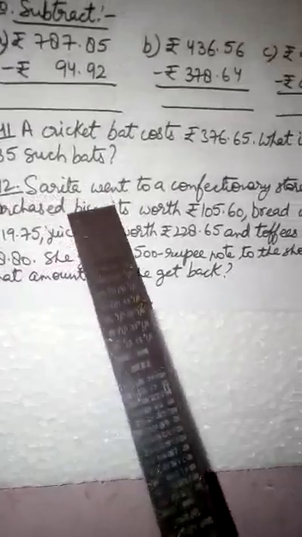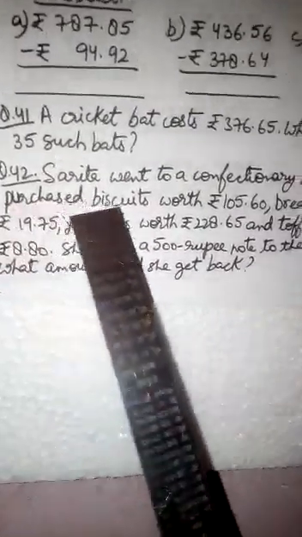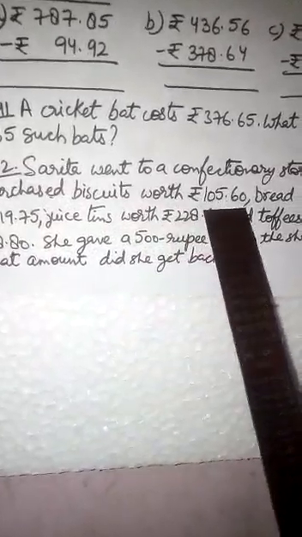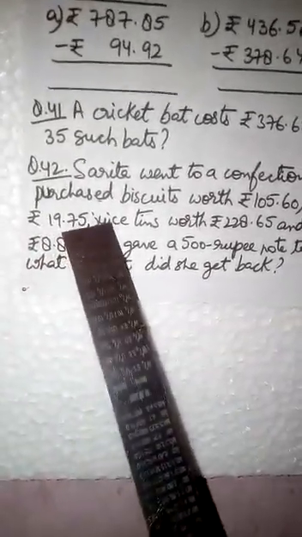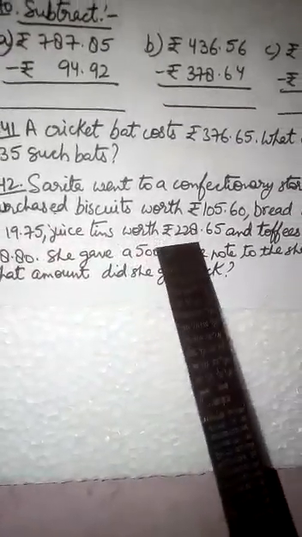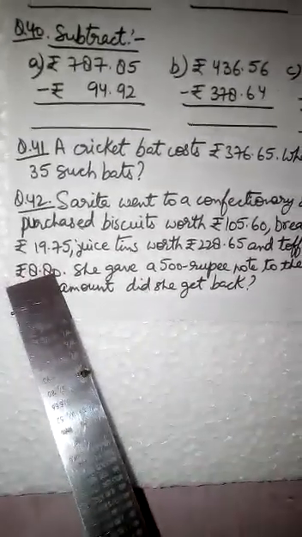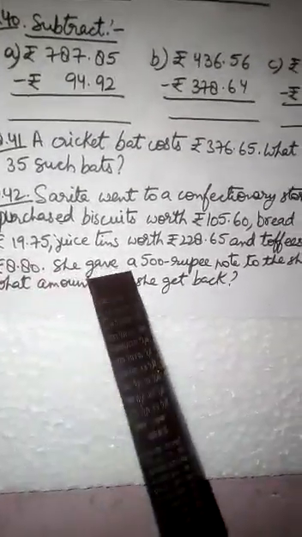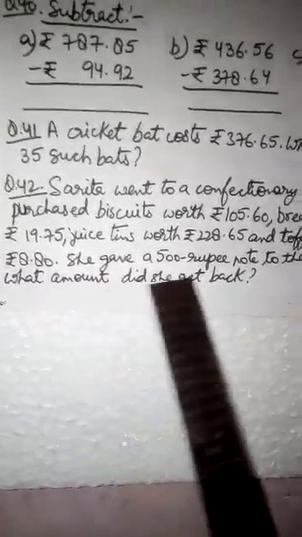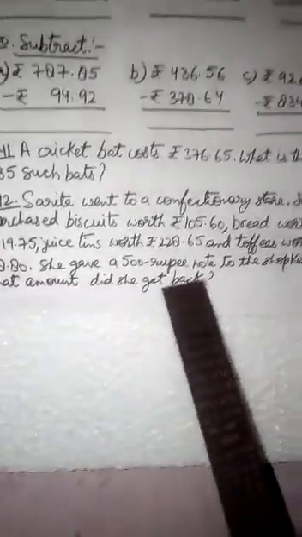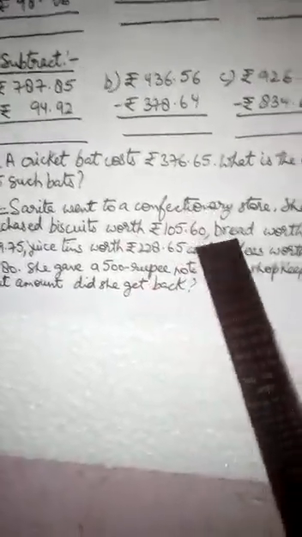Question number 42. Sarita went to a confectionery store. She purchased biscuits worth rupees 105.60, bread worth rupees 19.75, juice tins worth rupees 228.65, and toffees worth rupees 8.80. She gave a 500 rupee note to the shopkeeper. What amount did she get back? So you have to first add the things she has bought.